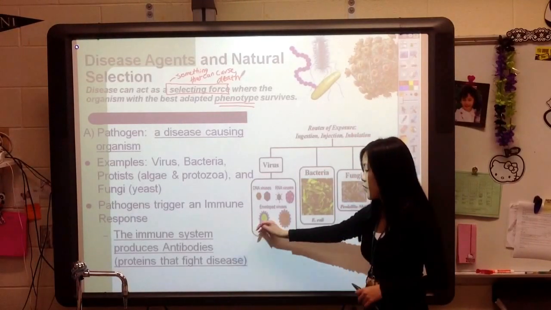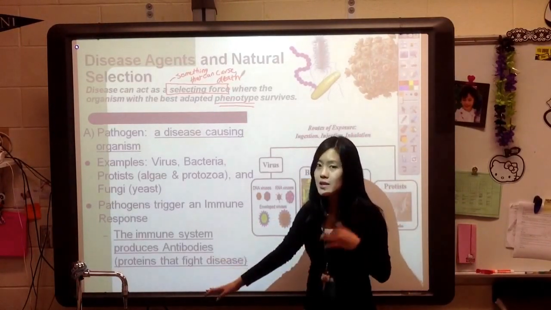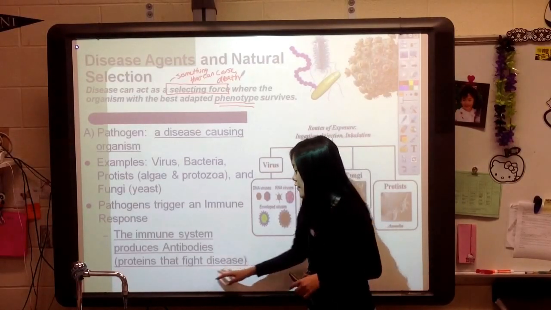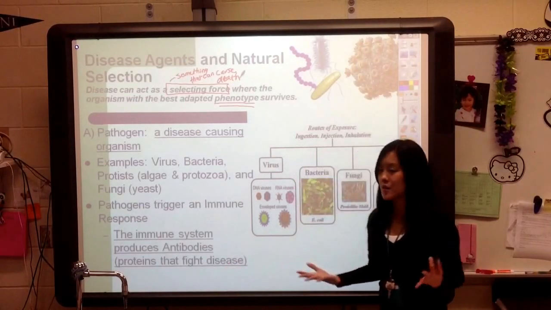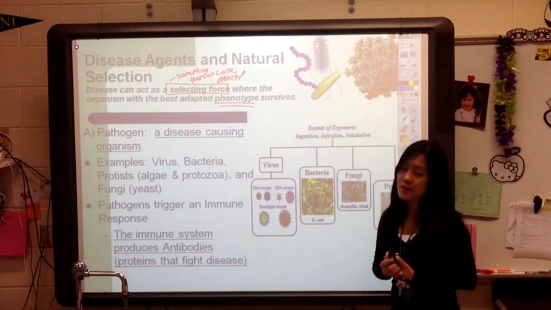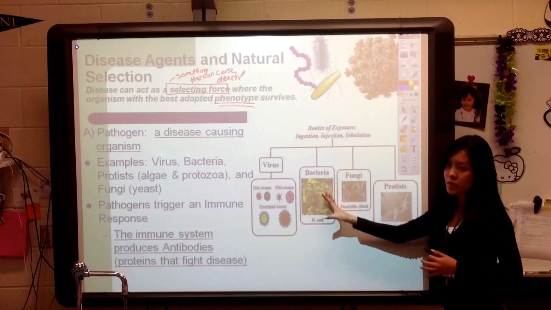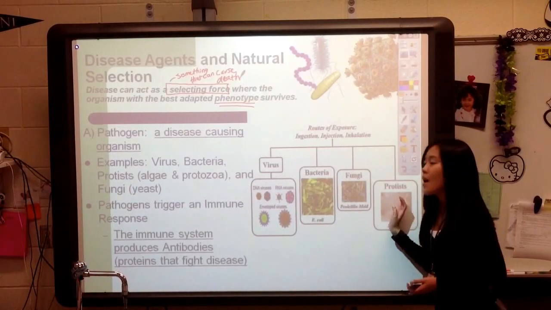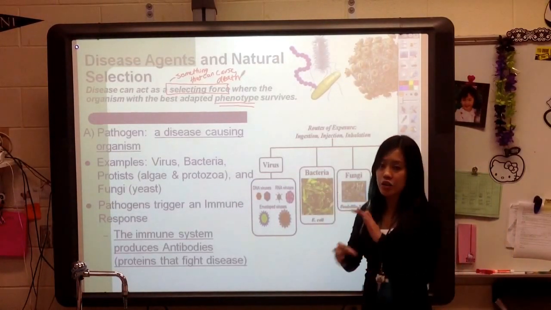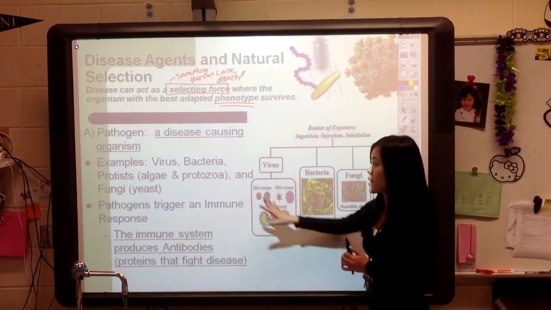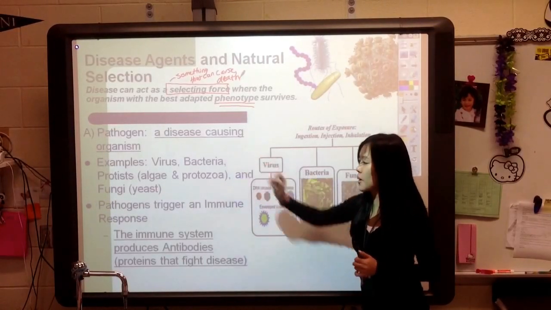And it is important for you to know that an antibody is a special type of protein, one of those functions of proteins, that fight disease. And there's many, many different types of antibodies. Antibodies that signal that there's some sort of virus or bacteria or mold in your system. And then there's other antibodies that actually go and try to destroy or try to fight those different types of pathogens. Okay?